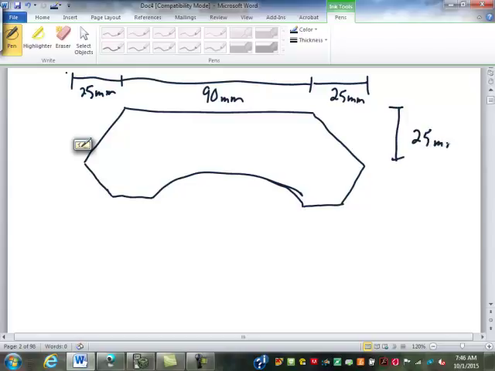And yes, you can assume this is symmetrical. And assume that that is an arc of a circle.